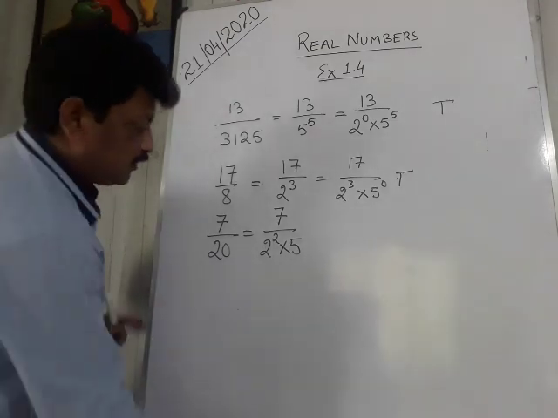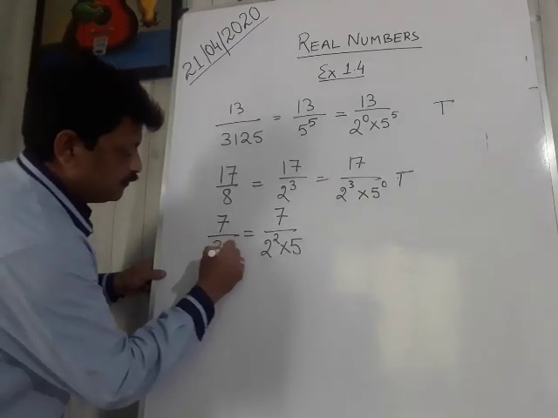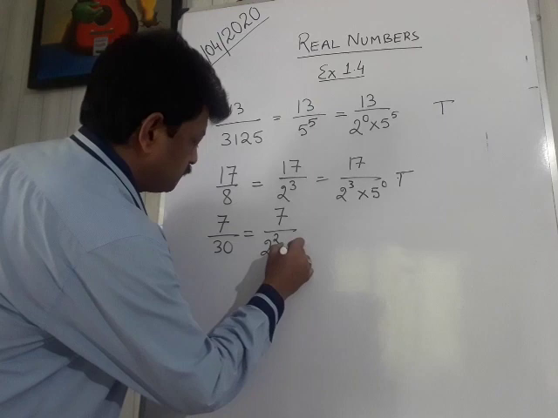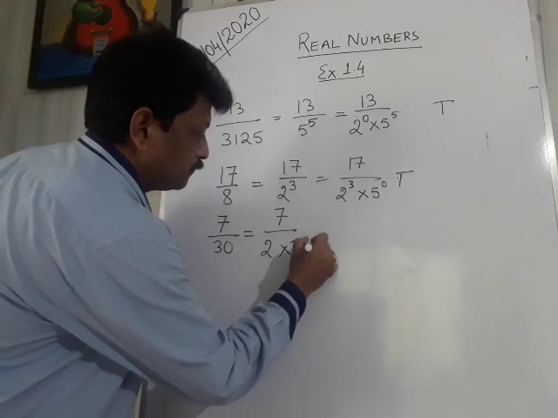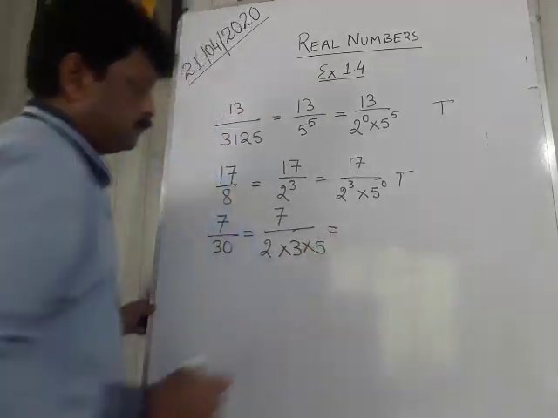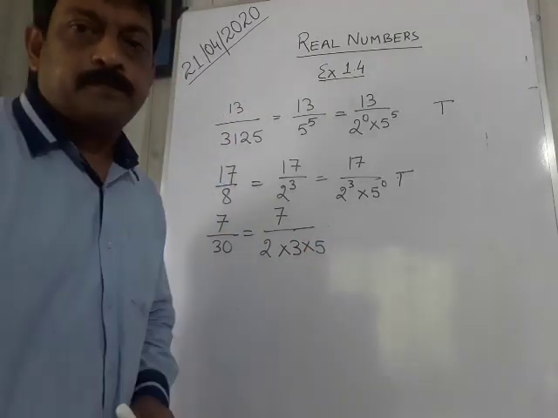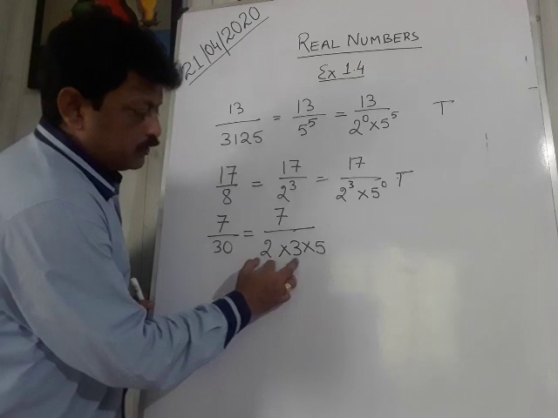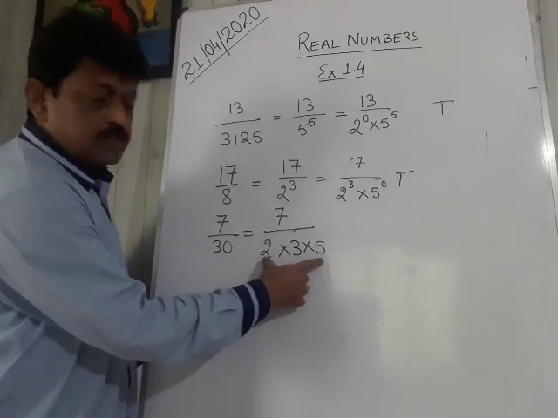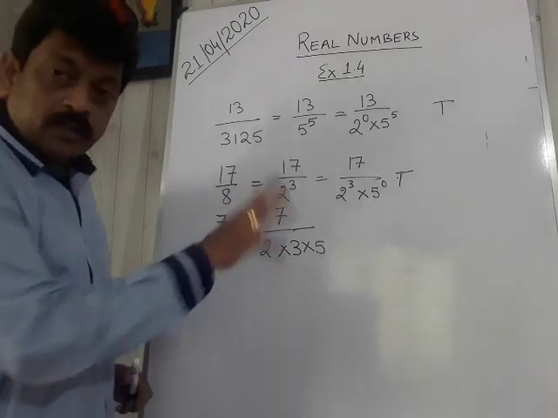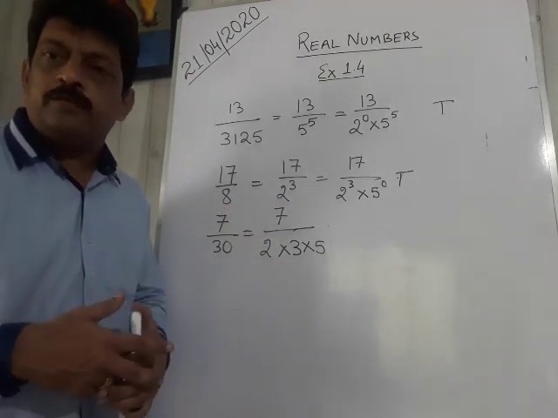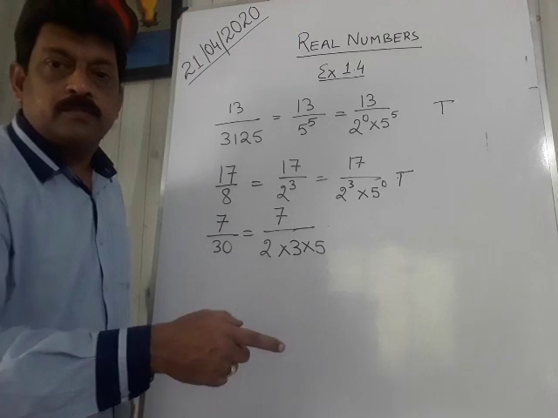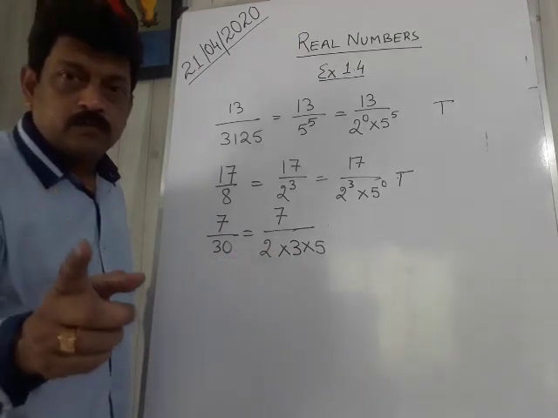But if any number, suppose let me change this number, so after resolving the denominator 30, I have got 2 into 3 into 5, that is 2 and 5 are present, but 3 is also there, so it is not in the form of 2 to the power n into 5 to the power m, where m and n are non-negative integers, so we can say that this will have non-terminating decimal. It is having 3 as prime factor also other than 2 and 5.